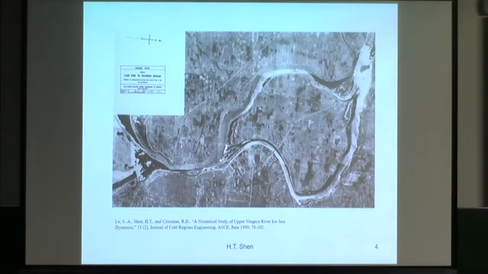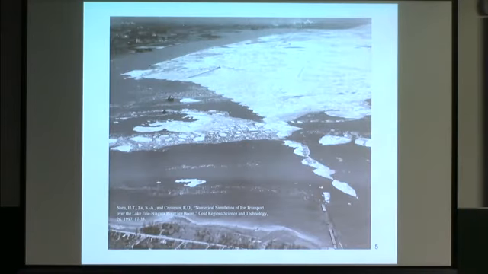Now here I just want to show a few examples. This one is the animation I just showed. The Niagara River, the lake is here. The jam usually happens at the intake, partly because of the suction of the flow, which converges and makes the ice converge. And that's the upstream end of it. The ice boom tries to control how much ice can pass this boom into the river.